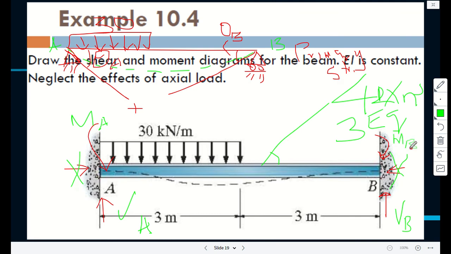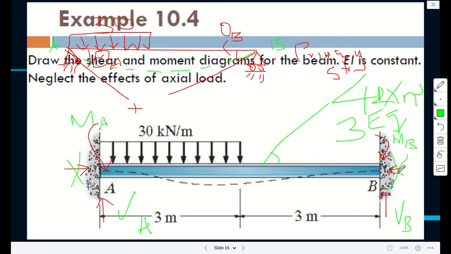So the horizontal reactions we have ignored because it's not possible based on the nature of the loading. If there was a load at some angle which is not vertical, then we can have horizontal reactions. But in this case, that's not true. So then we have four reactions and three equations.